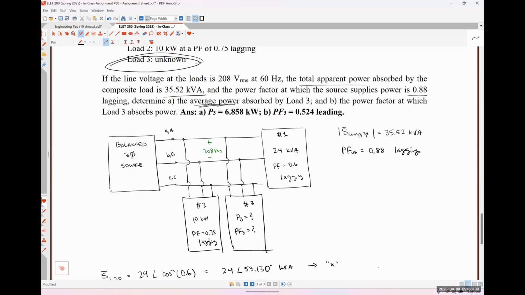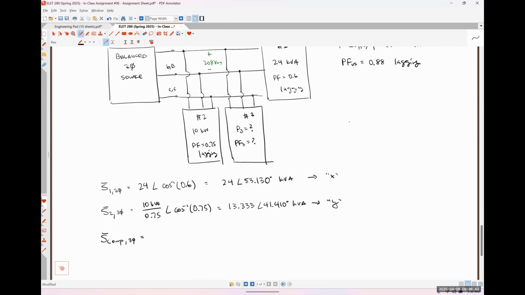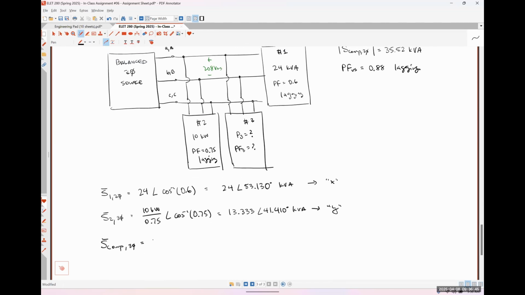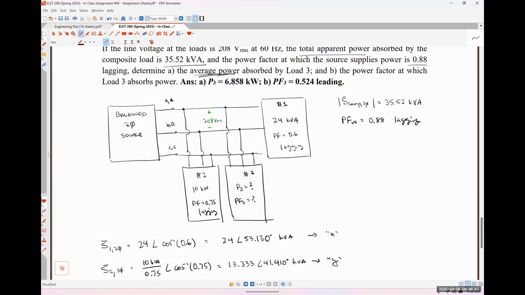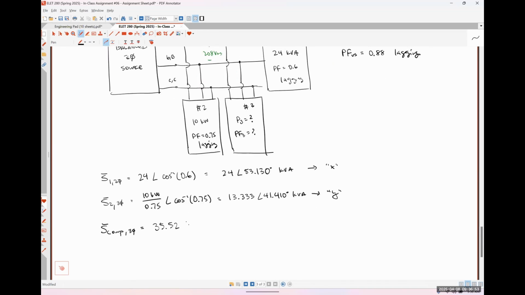So we can use those two pieces of information, and we could say that we're going to have 35.52, I think that's kVA, yeah, at an angle of inverse cosine of 0.88.